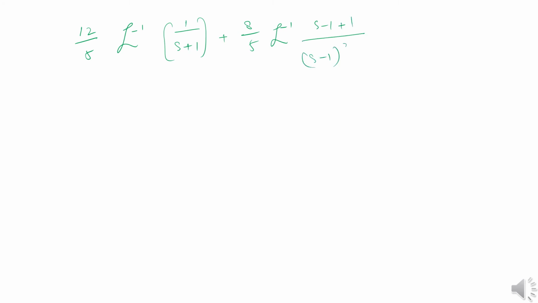So this is 12 over 5 Laplace inverse of 1 over s plus 1, plus 8 over 5 Laplace inverse of s minus 1 plus 1 divided by s minus 1 whole squared plus 1, and then the last part is 1 over 5 Laplace inverse of 1 over s minus 1 whole squared plus 1.